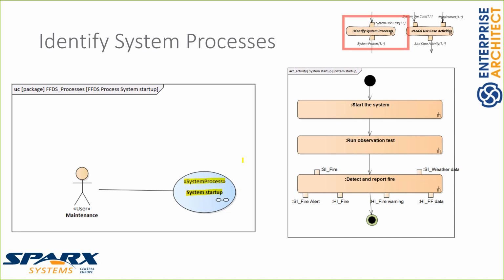That's the part I will discuss later, that you can extend the core elements to give them a more specific name, as in this case the system process. And the system process has an activity underneath, is owner of the activity, and the activity defines the logical order of the use case scenario, if you will.